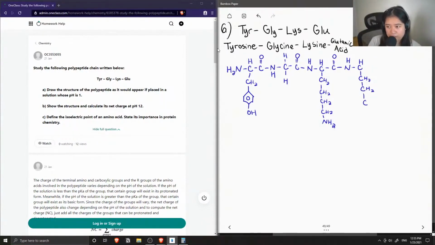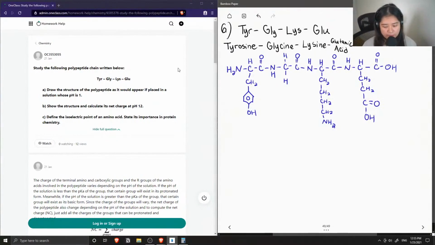And the reason why it's glutamic acid is because it contains a carboxylic acid at the end, like so. And I'll also draw out the end of the polypeptide chain, which is its carboxylic acid group, like that.